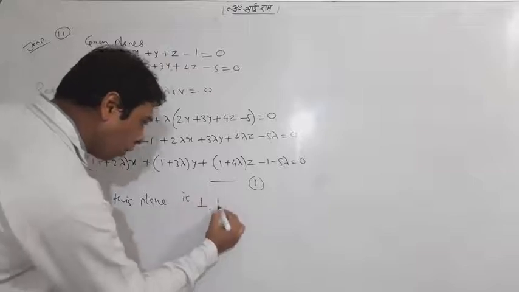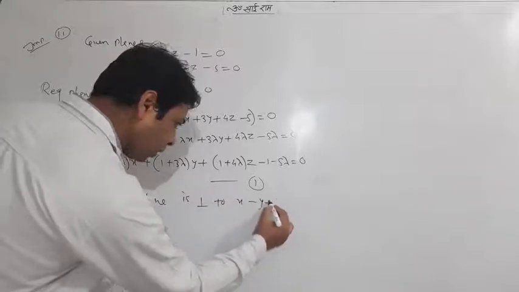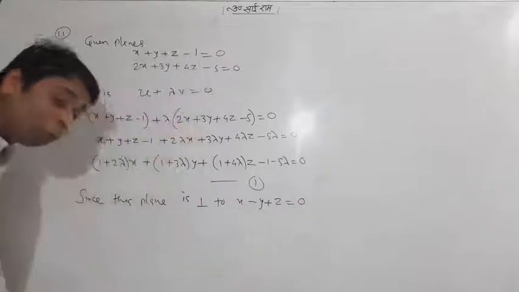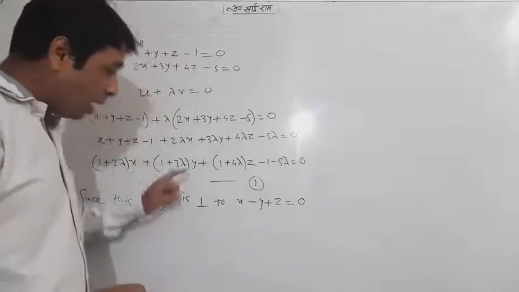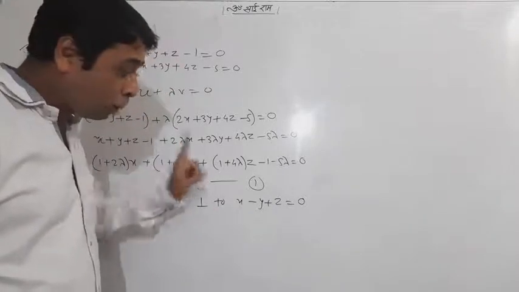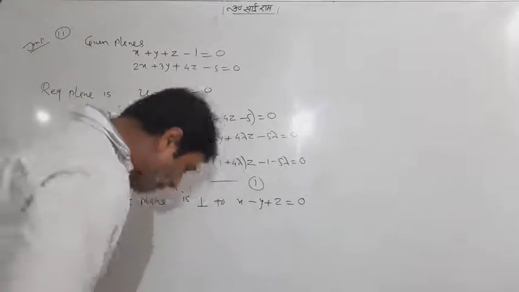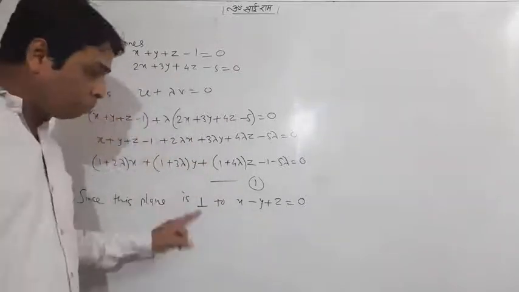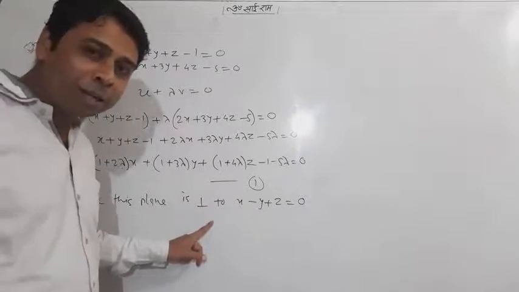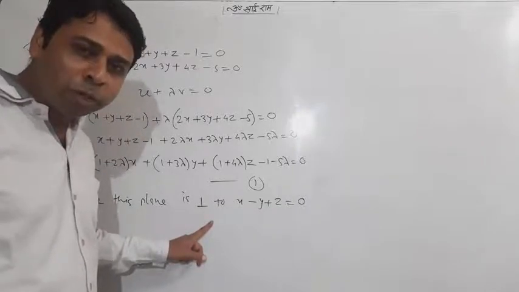You should know that when two planes are perpendicular, A1 A2 plus B1 B2 plus C1 C2 is equal to 0.